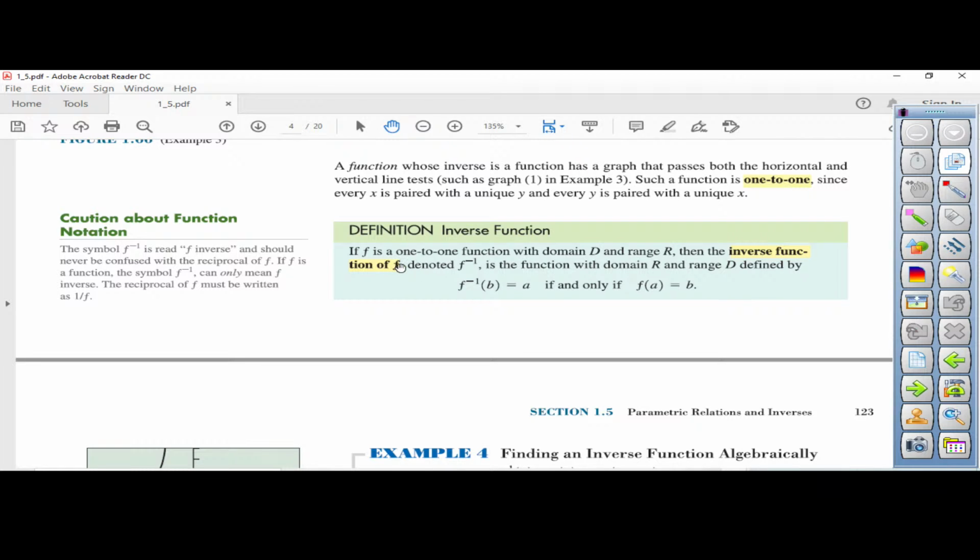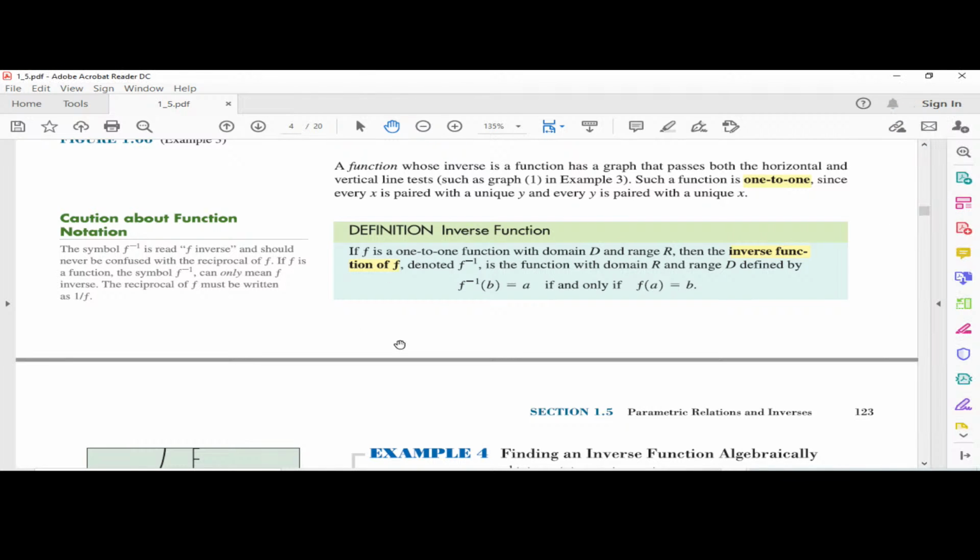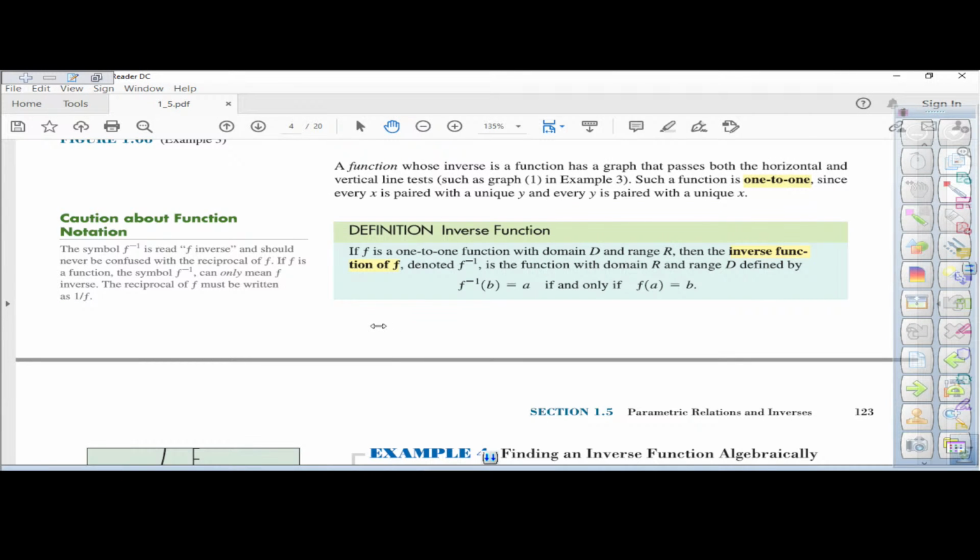This one says if f is a one-to-one function with a domain D and range R, the inverse function is notated f inverse of x. This is not just 1 over f, just f inverse of x.